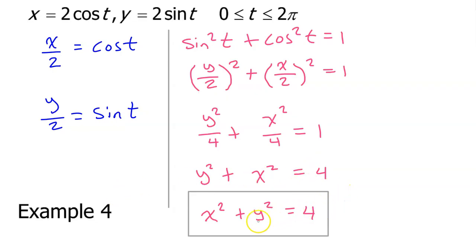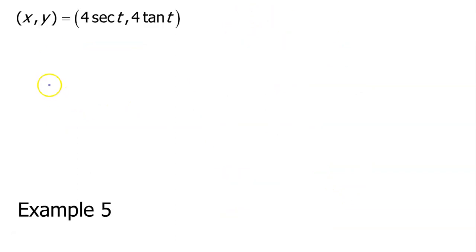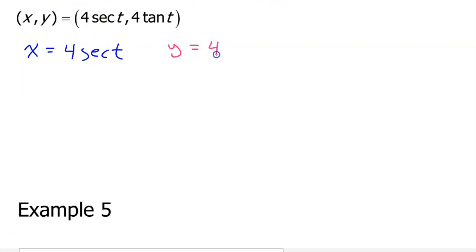Notice that in this case we do not need to restrict the domain in order to match the restriction on the t value. Here's another trig example. We have x equals 4 secant t, and we have y equals 4 tangent t.